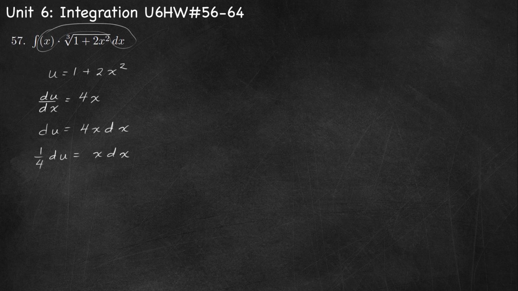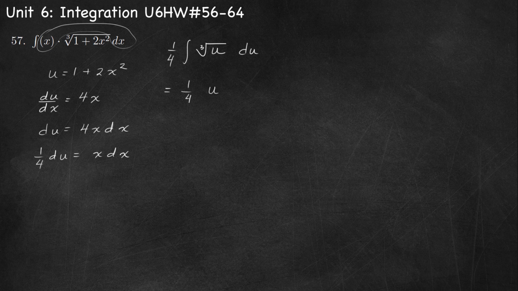So let's make our substitutions. The x dx becomes 1/4 du, and then we have cube root of u. Okay, so I've rewritten my integral in terms of u, and now I'm going to actually find the integral of this new problem. So 1/4 is a constant multiple that stays 1/4 times, and then the cube root of u, I can think of that as u to the power 1/3 and use the power rule.